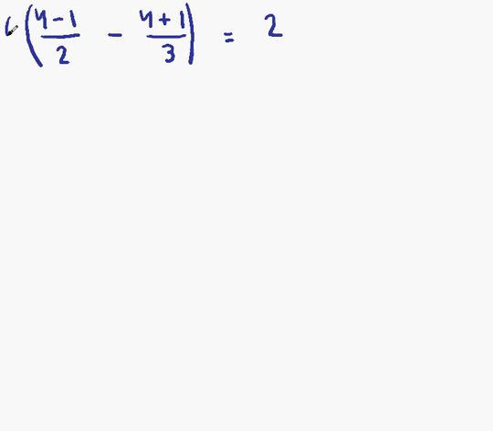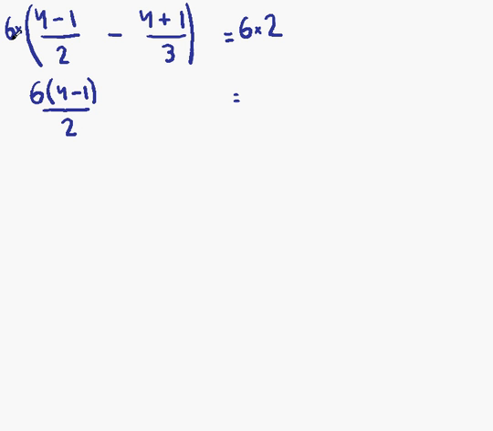So we have 6 times on the left hand side and 6 times on the right hand side. First of all, we have 6 times the first fraction. Remember, 6 is not just times in the y part, it's times in all of the top part. So what we have is 6, and then we'll put the y minus 1 in brackets, and that is over 2.